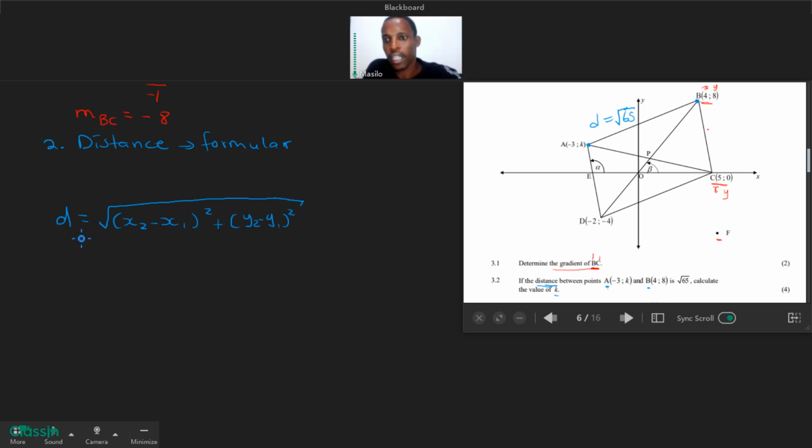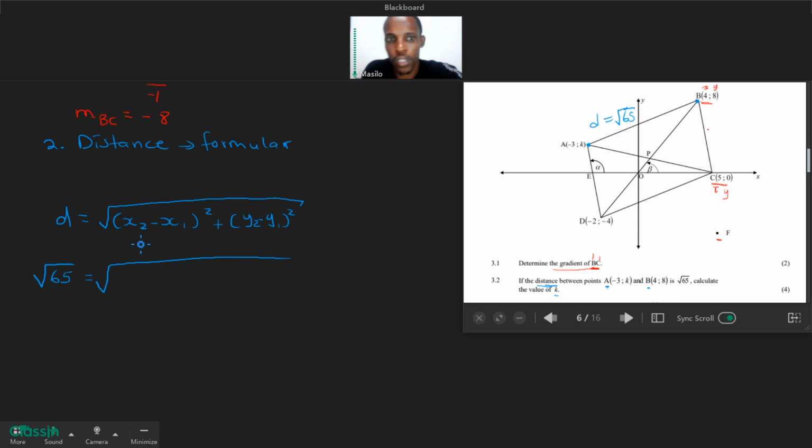But they mentioned that the distance of this line AB is root of 65, so where we see D, we are going to put root of 65.